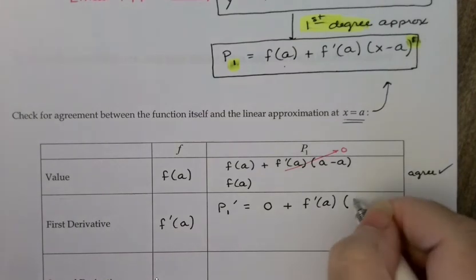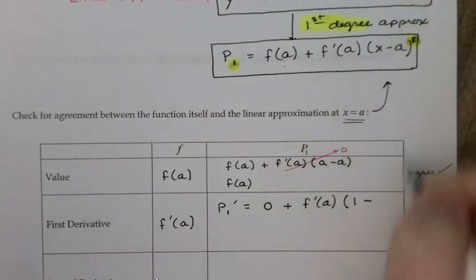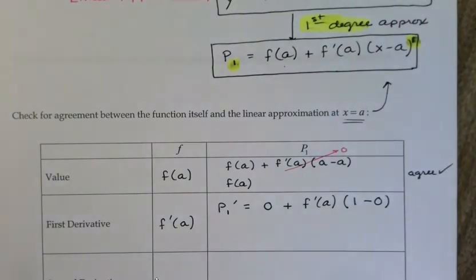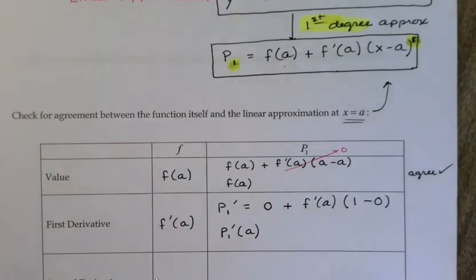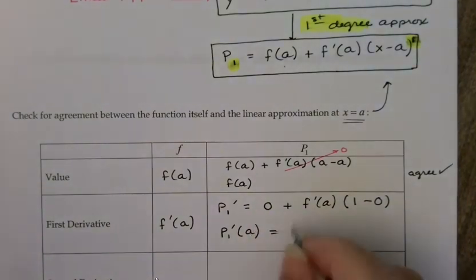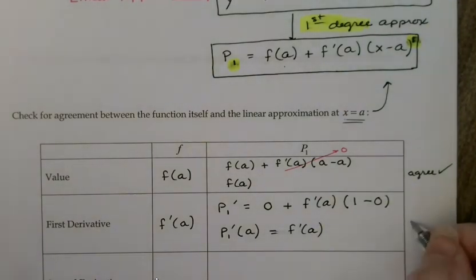The derivative of x is 1, minus the derivative of a is 0. So P1 prime of a is going to be, there's actually not even a place, there's no x's for me to plug the a into even. That's 0, that's 1, so I'm going to get f prime of a. And again, these guys agree completely. Perfect.